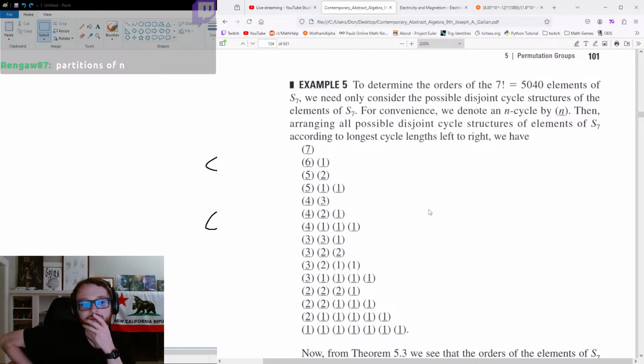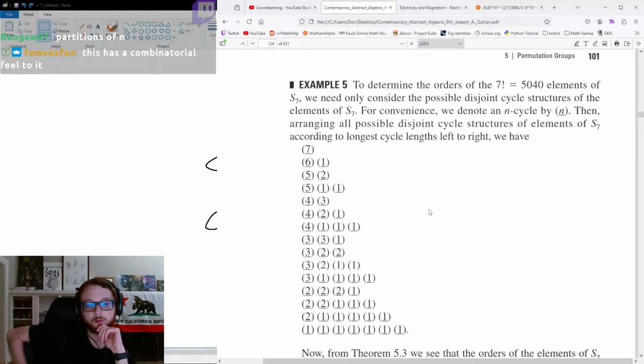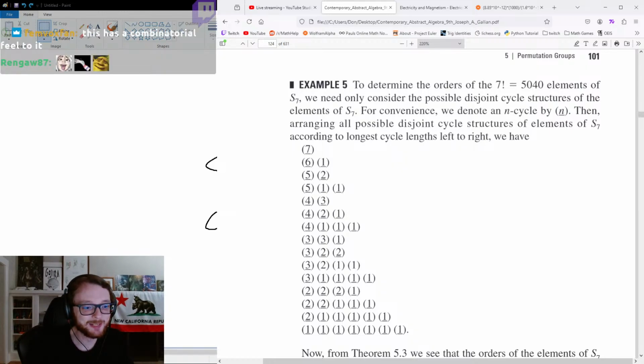I didn't notice that. Yeah, I've seen Stuki talk about partitions of an integer.